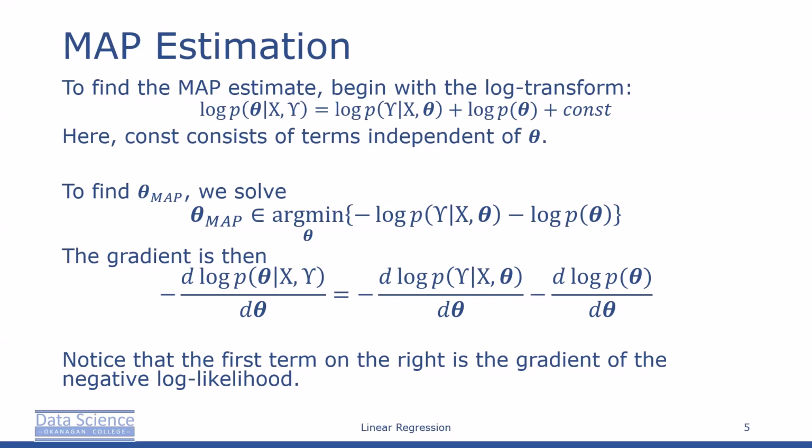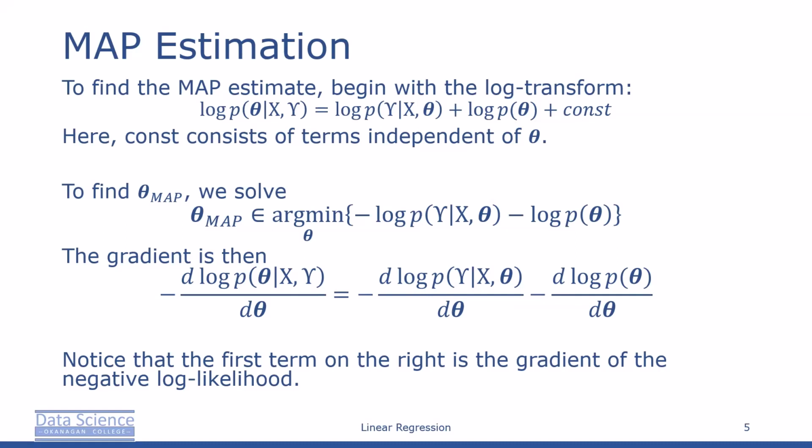We see that the log posterior is the sum of the log likelihood, P of Y given X and theta, and the log prior, log of P of theta, so that the MAP estimate would be a compromise between the prior and the data-dependent likelihood.